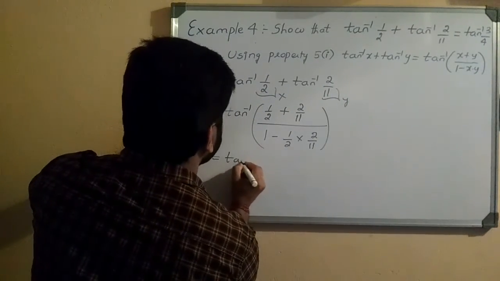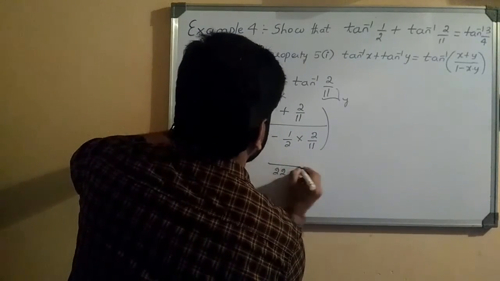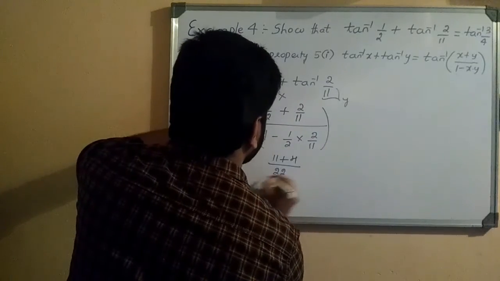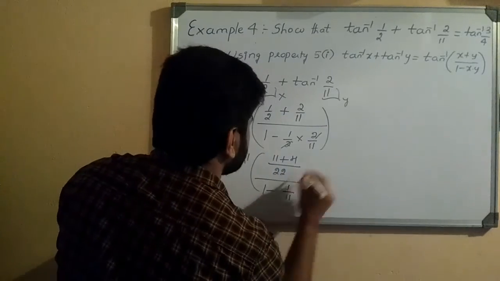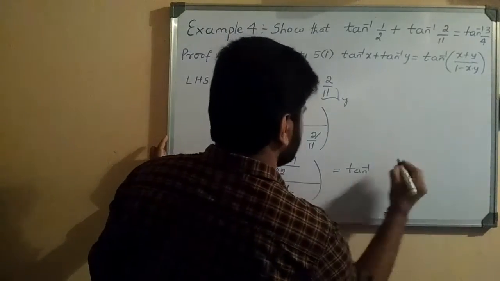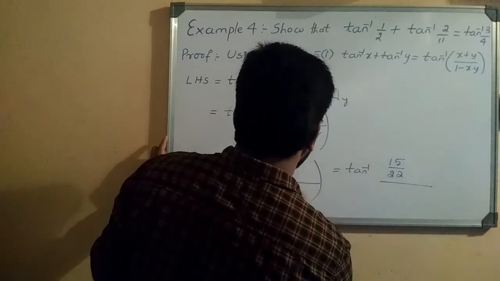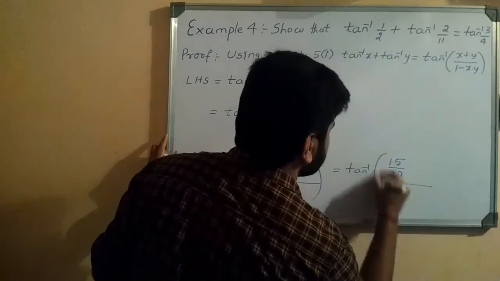So tan inverse of (1 by 11), 15 by 22 by 11 minus 1 is 10, 10 by 11.